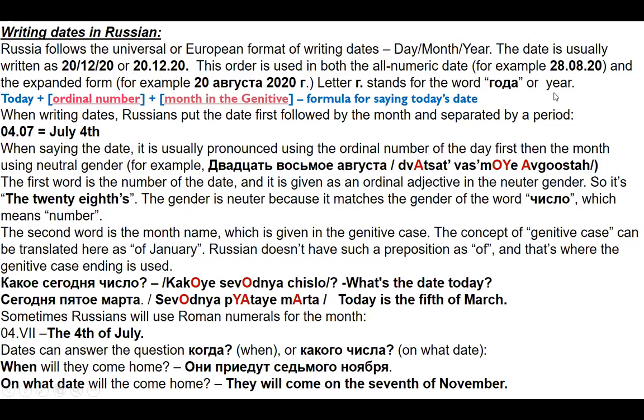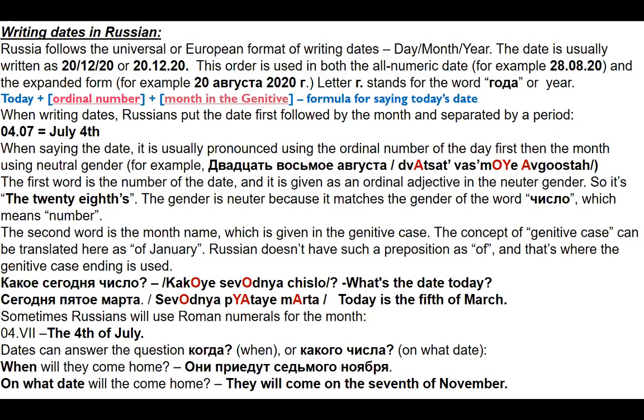So the formula for making a date is as such: сегодня, today, then the ordinal number for the date, and then the month in the genitive case. So if I say какое сегодня число, what's the date today?